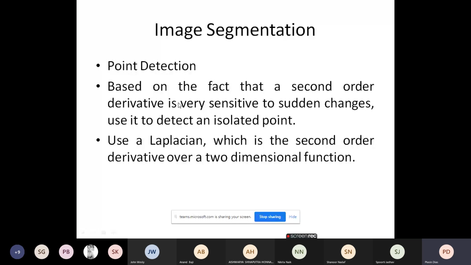So we have to go for a second order derivative and find out what are the sudden changes that are happening in the image, and that is used to detect an isolated point. Here we use a Laplacian second order derivative for the two-dimensional function.